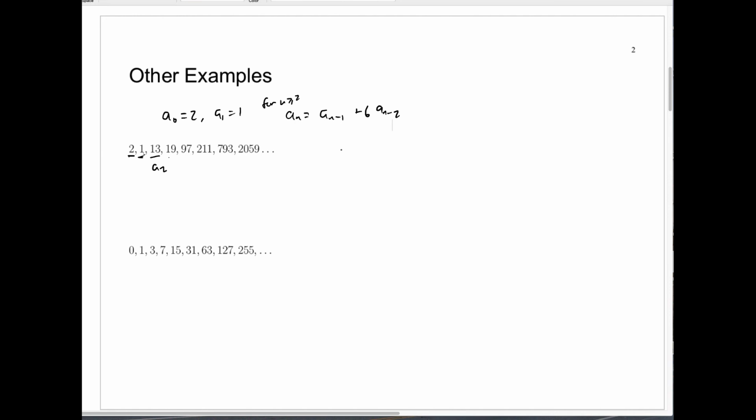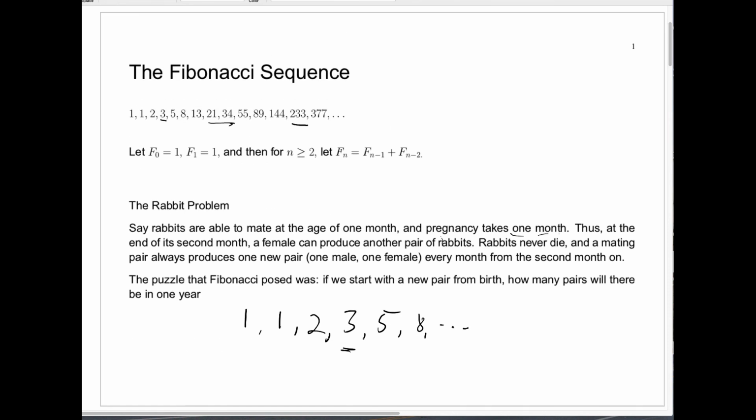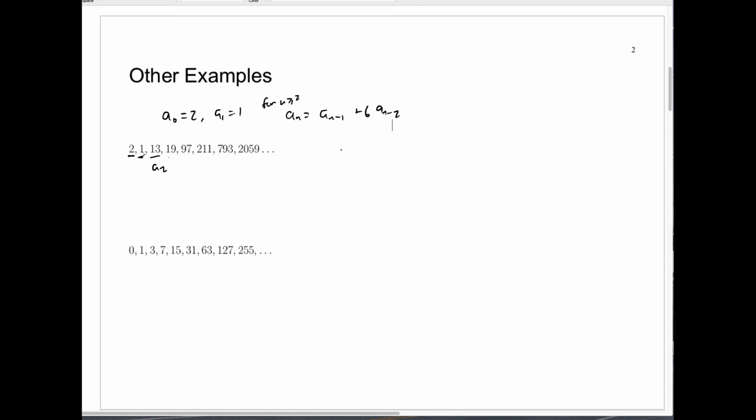What sort of questions might we have about this sequence, and even about the Fibonacci sequence, which we already talked about before? Well, first question that might come to you is, is there any way to figure out, say, a formula for the individual terms? If I just want to go straight to the 8th term, is there a formula for that? Well, we're going to be talking about that in some of the next lectures here.